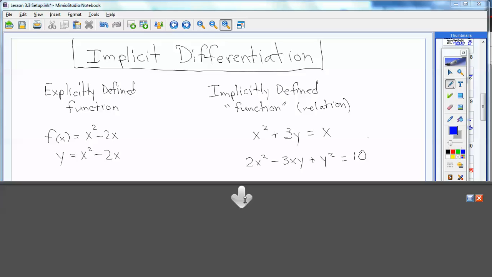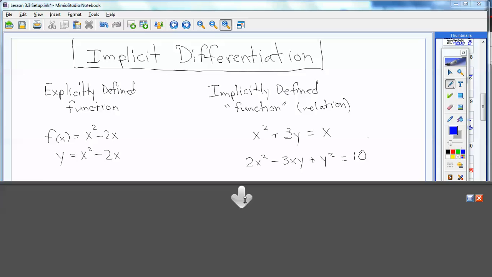Actually, that's an ellipse, I think. That's a tilted ellipse. And it would have slopes. And there's no way you could get y by itself. And so a lot of these, we've been using f of x, g of x, h of x a lot, but we could have been just using y as our output, right? So we'll see that a lot when we write functions or relations that are implicitly defined. A lot of times they have this.